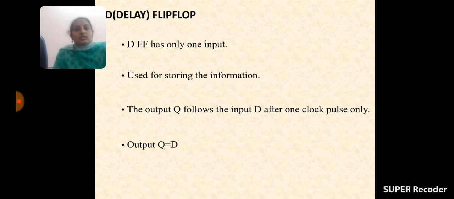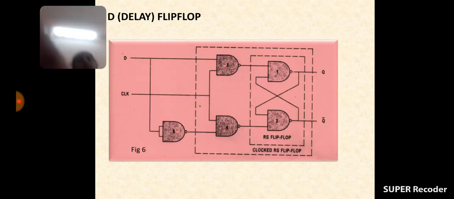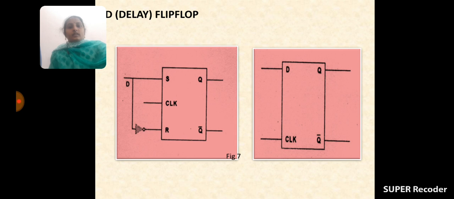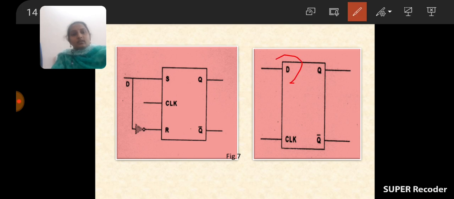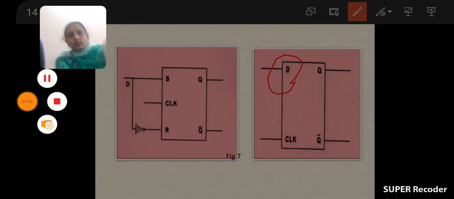So here, first I draw the logic symbol. This is the logic symbol. In the D flip-flop, what is the input? D. And what is the output? Q and Q bar.